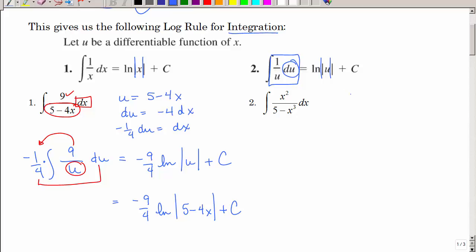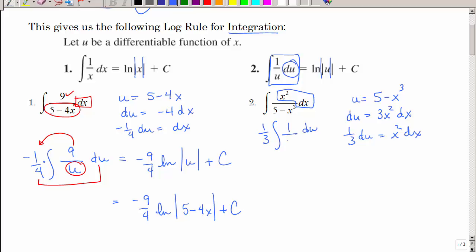Let's look at number 2. Again, we have that fraction. The higher degree is on the bottom, so let's try that u substitution. That's looking pretty good because I have x squared dx, so I just need to isolate that x squared dx. So this now becomes 1/3 du times 1 over u.